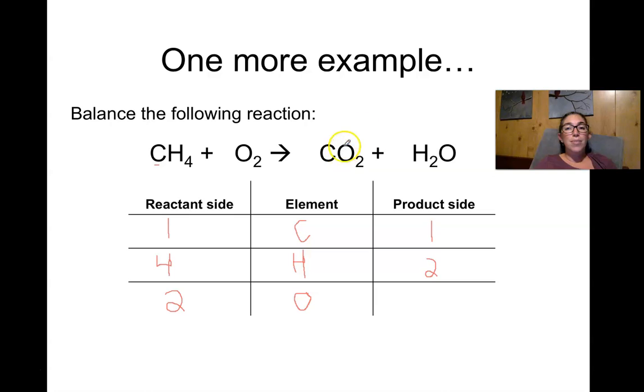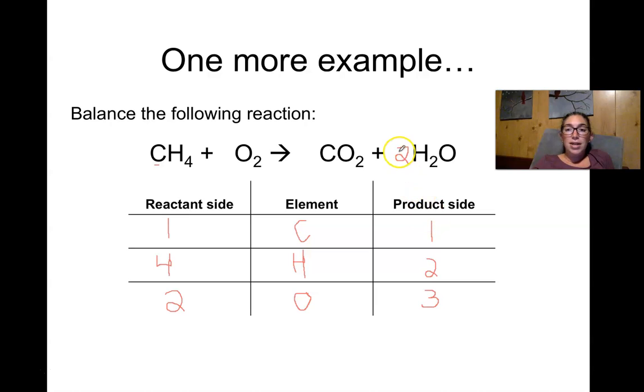Oxygen is in both of the products, so we have to make sure we count all of the oxygens, so there's a total of 3, 2 plus 1. Now it's like, well, where do we start? Let's just start at the top of the table. Carbon is already balanced. So let's move on to hydrogen. Hydrogen is not balanced. We have 4 on the reactant side and 2 on the product side. So let's even those up.